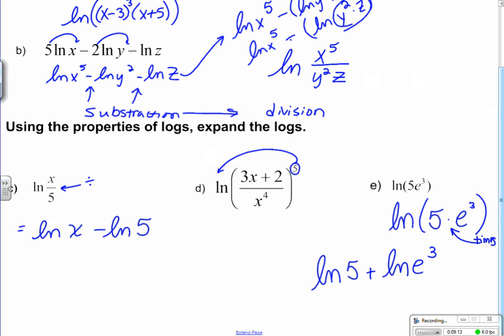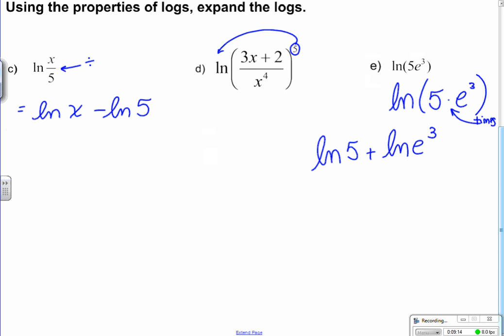Ooh, and maybe some of you are thinking, that is something special. I kind of remember this. Let's take this one more step. Power rule says we can bring down the 3, and we'd have 3 natural log e. But the natural log of e is simply 1. Why? Well, think back to the basic idea.